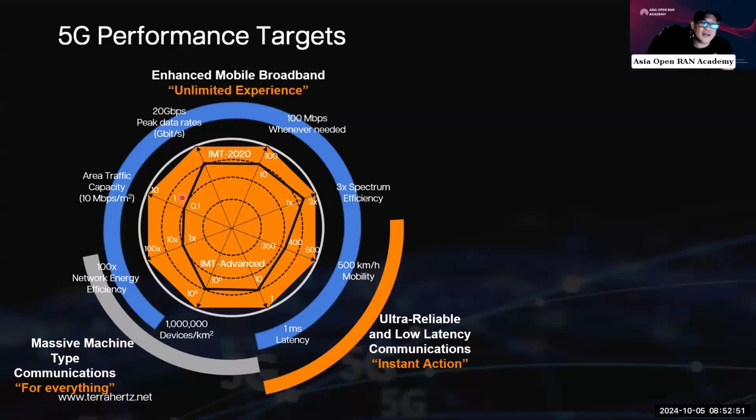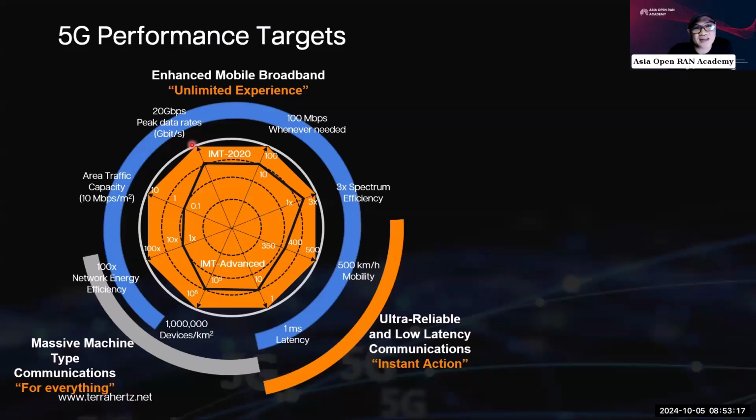Now, IMT-Advanced is for LTE, so you will see this irregular octagon inside. This is the target of LTE when they developed the technology. When we say target, it's not reached on the first day; it's a progressive approach.